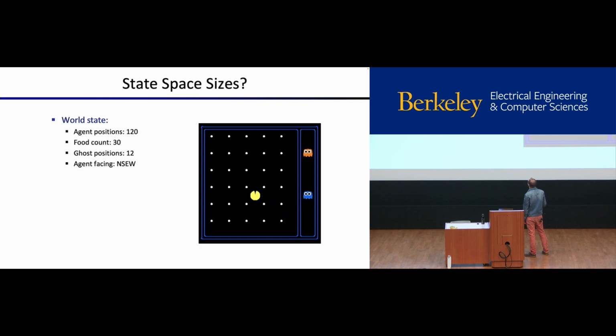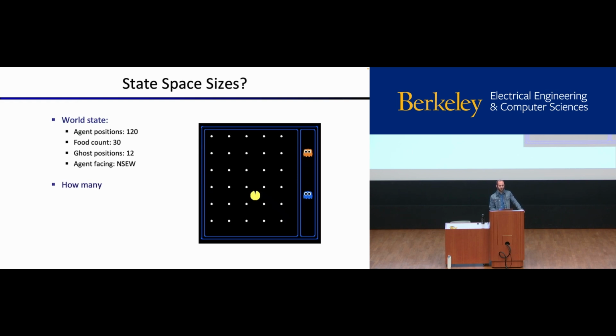So that's 5 by 6, is that right? No. No, because it can be in the middle of them. Okay, 120 agent positions. There's 30 different food pellets. There's 12 positions each of the ghosts can be in. And the agent is either facing north, south, east, or west.